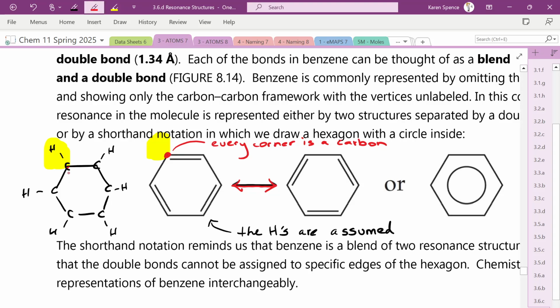What we really have is a 1.5, a 1.5, a 1.5, a 1.5, a 1.5, and a 1.5. And we could draw it like that, but we get so lazy that we're like, why are we bothering with that? Let's just draw a circle, and that circle represents those 3 bonds that are spread out over 6 places. Okay?